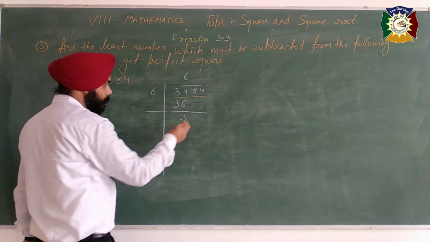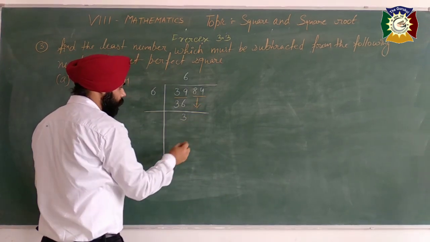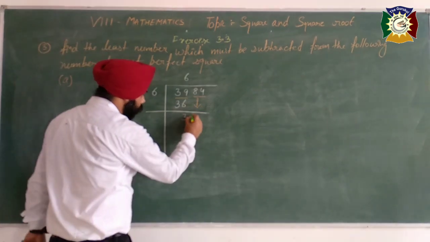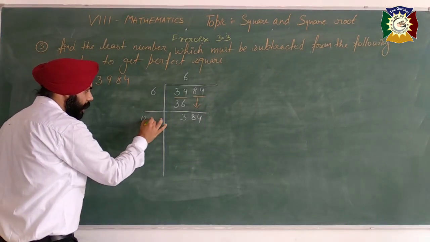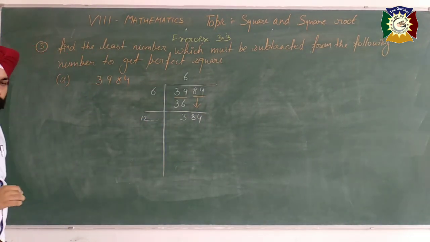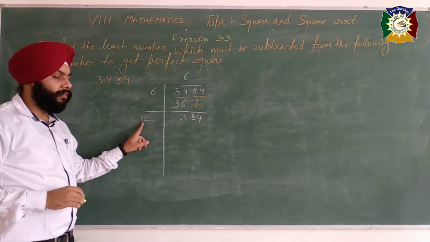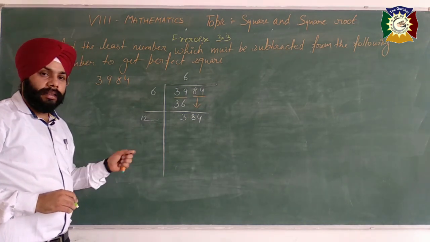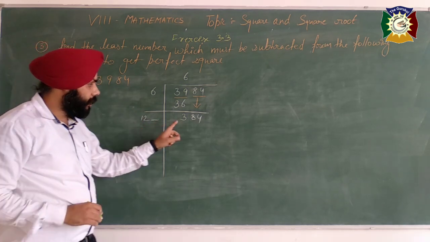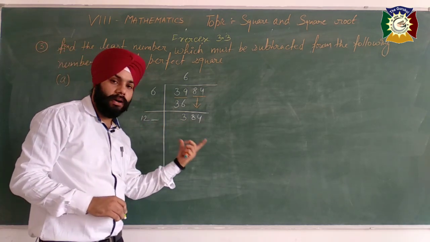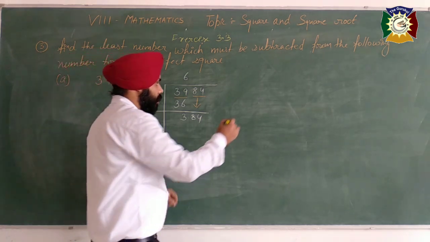Now carry down the next pair, that is 84, and add both of these numbers, 6 plus 6 is 12, and leave one place. Now in place of that, which number do we take? We multiply with the given number so that we get a value equal to or less than this number here.